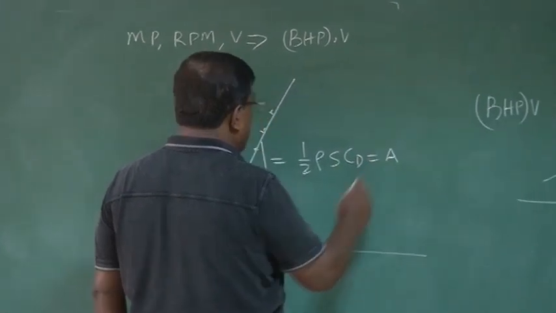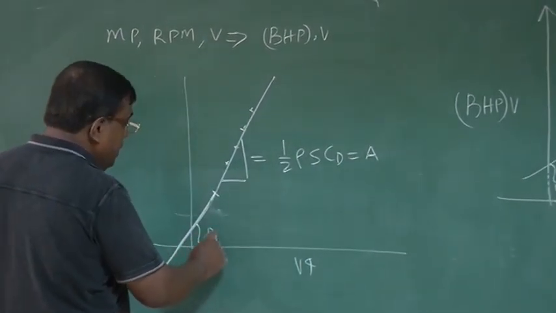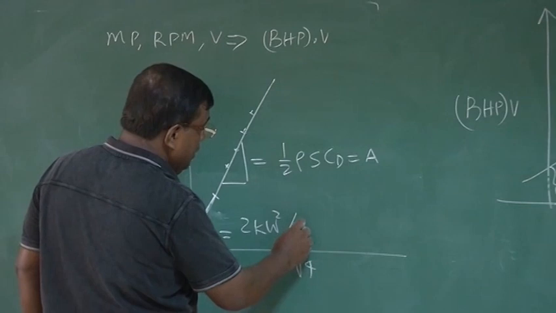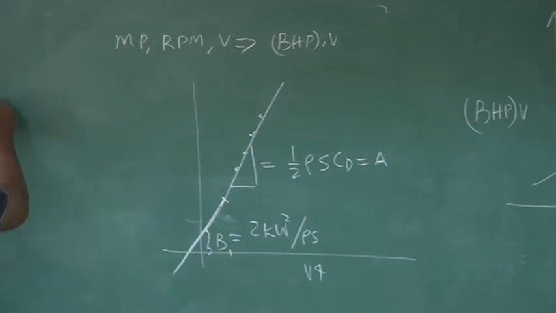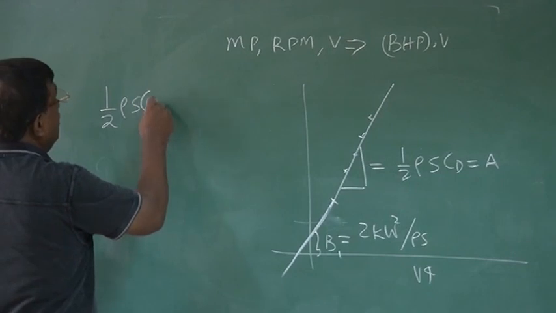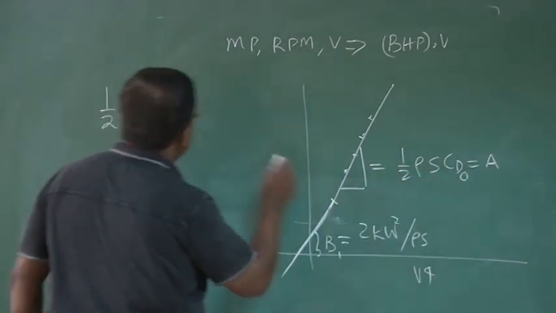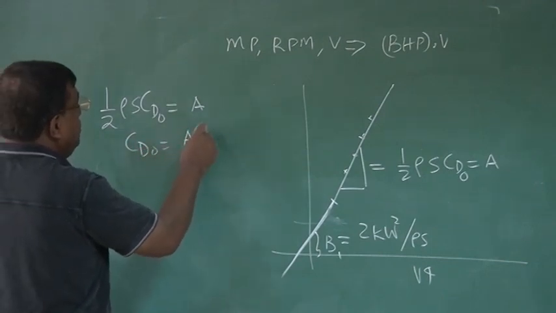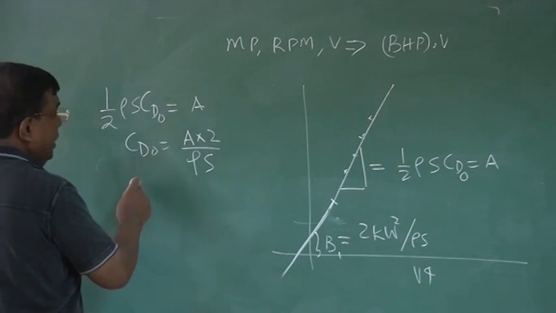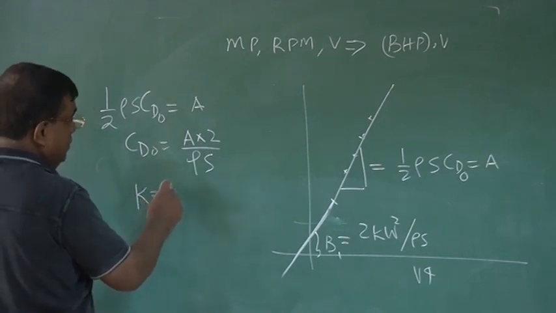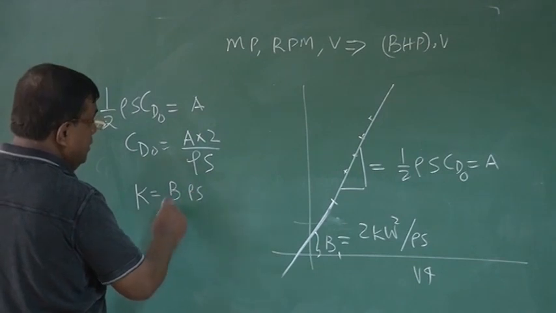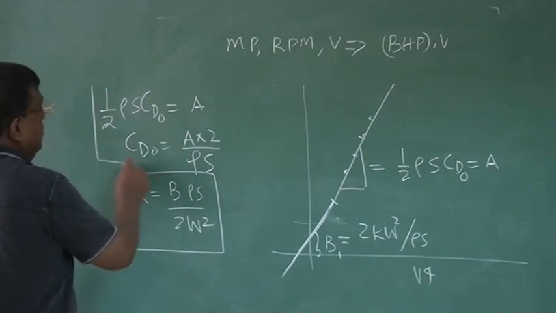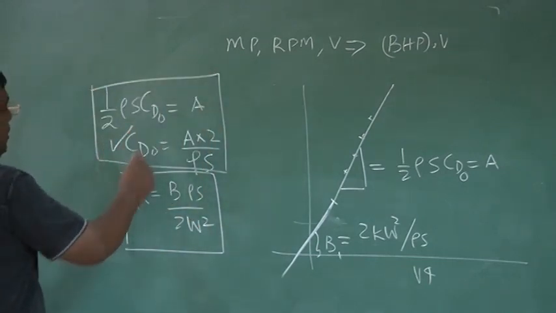Let's say this slope is A, and the intercept is B, and that should be equal to 2K W square by rho S. So CD naught will be equal to A into 2 divided by rho S, and K will be equal to B into rho S by 2 W square. So from there, you now know the value of CD naught and the value of K.